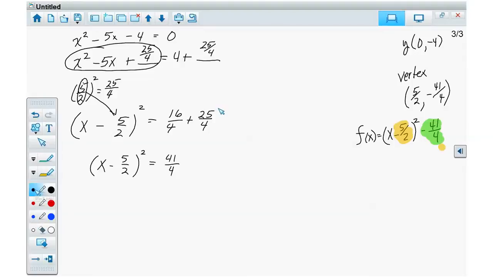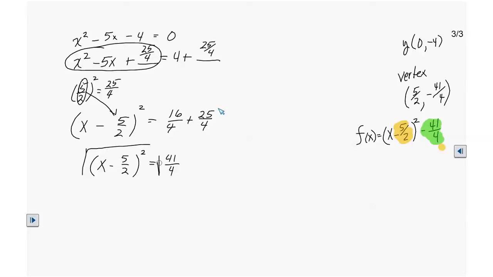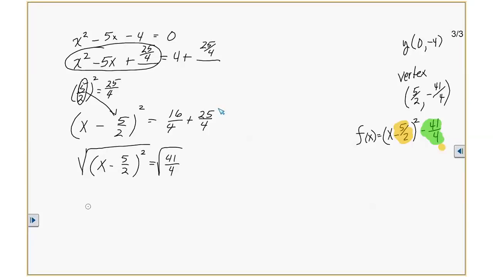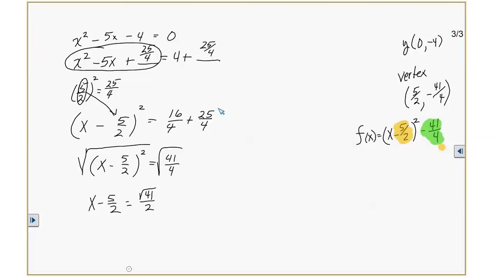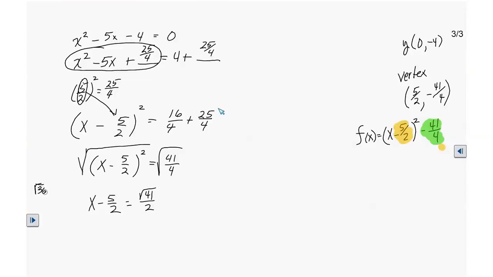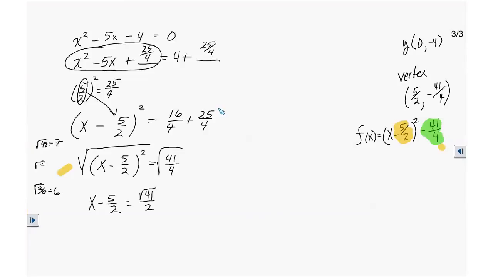Any other questions? All right, now we've got our vertex, we've got our y-intercept, now we just got to find the x-intercept. x minus 5/2 is equal to the square root of 41 over 2. Well, square root of 36 is what? Square root of 49 is 7. 36 to 49 is what? 13? Half of 13 is 6.5. 6.5 squared is 42.25.